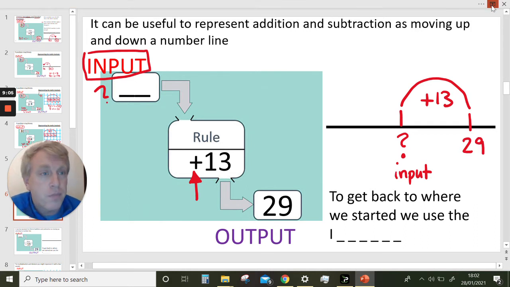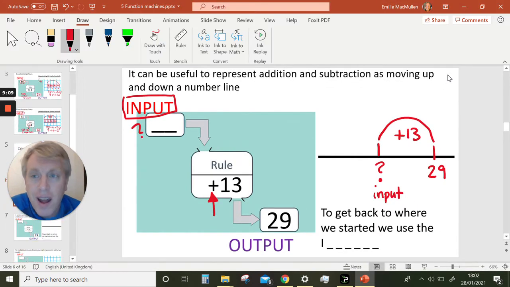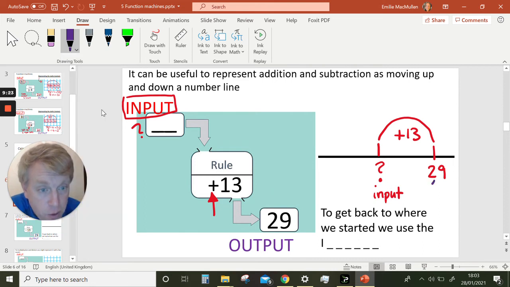Now, what we need to do is think: a number, add 13 gets to 29. Well, what do we need to do to go back? Because what we need to do now is to go back from 29 to the input number that we don't know.